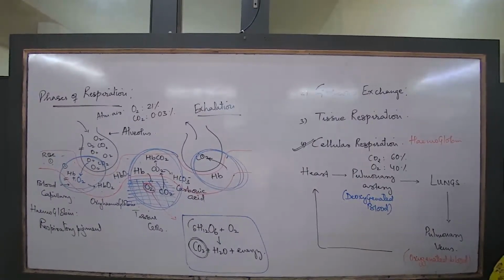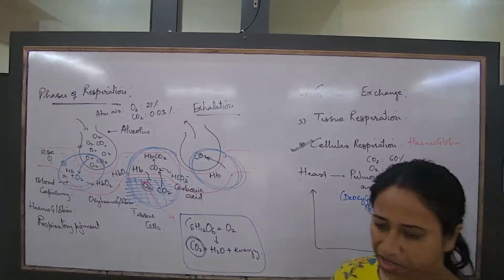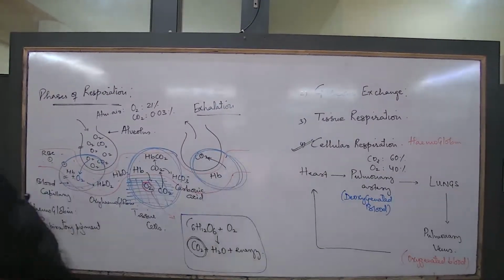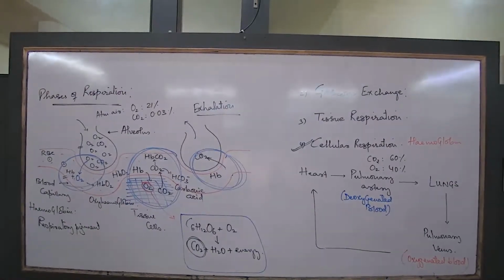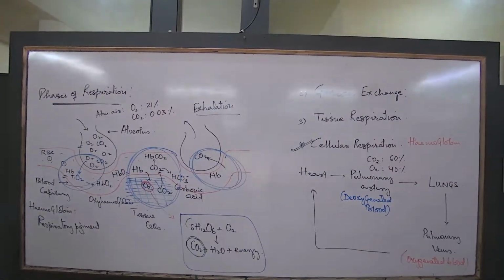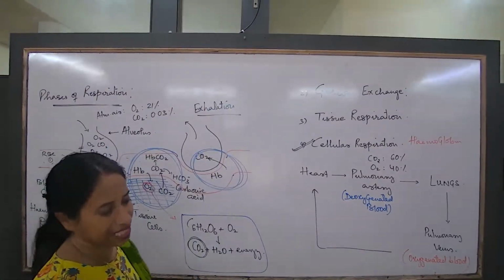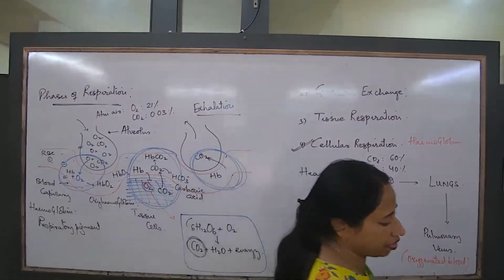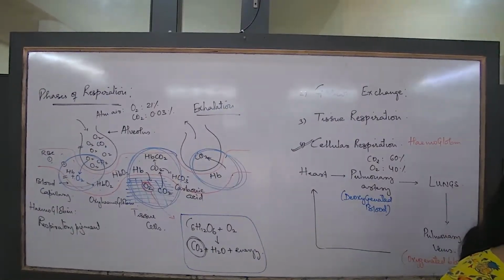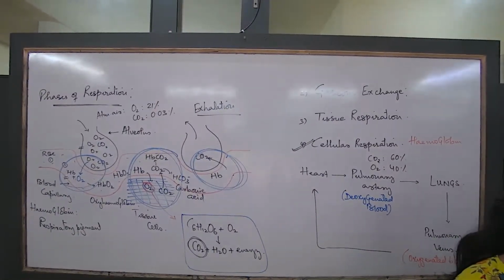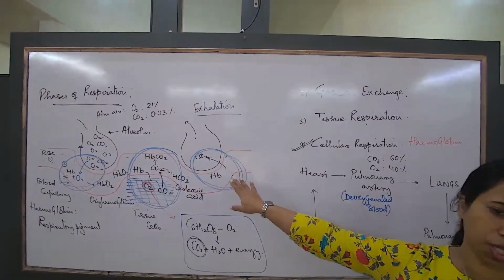Last one more concept to understand, and after that I will see if you are able to answer this question. Look at your textbook, there is one activity on page number 87, related with the concept of respiration that we just studied.